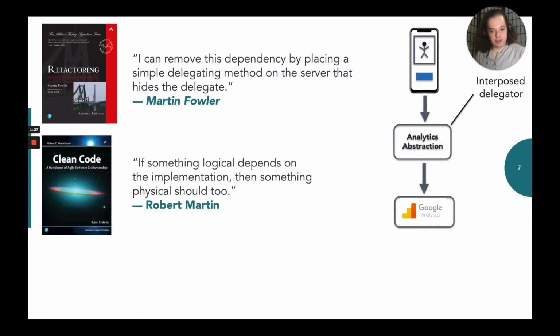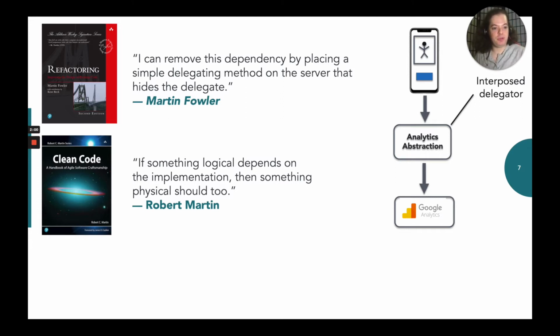And Robert Martin says that if something logical depends on the implementation, like something about its behavior or something important depends on my choice in the analytics framework, but I've hidden which analytics framework I'm using with something like an abstract delegate factory, then that's bad. Something physical should too.